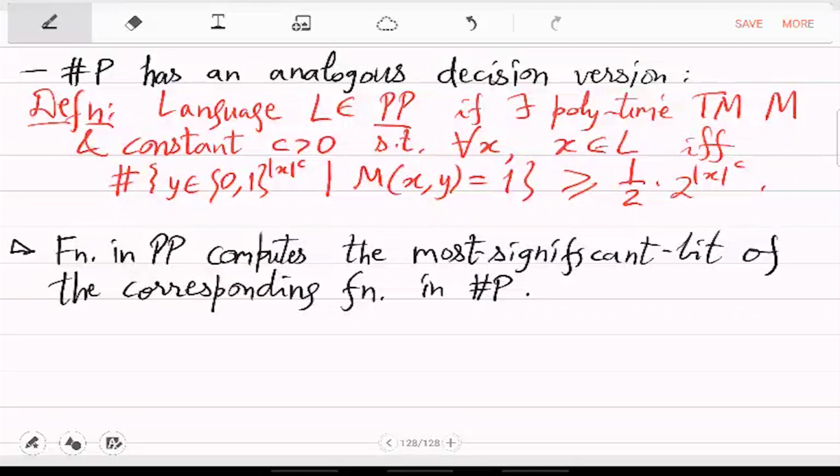Okay, that's the first observation we can make, that a Boolean function in PP, let me add Boolean here, that's important. So for example this language L, this is in PP, so it means that you are able to compute the most significant bit. Right? So basically, if you see in binary the number of accepting paths, then the most significant bit is 1 if half of the paths are accepting, otherwise it is 0, and that is what defines PP.